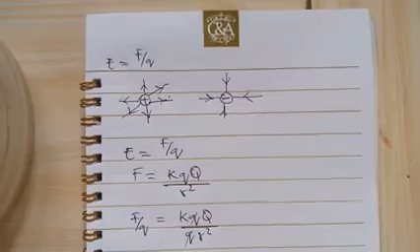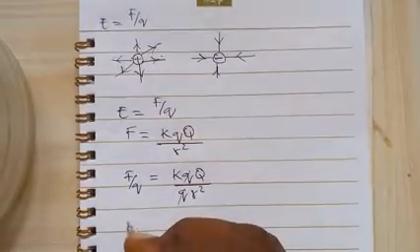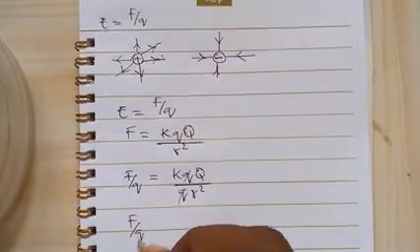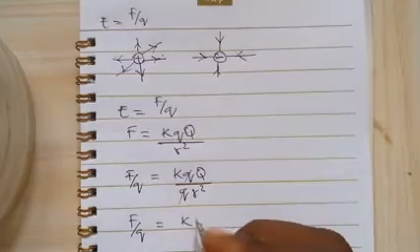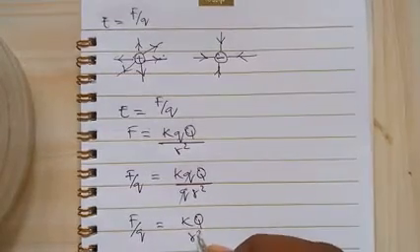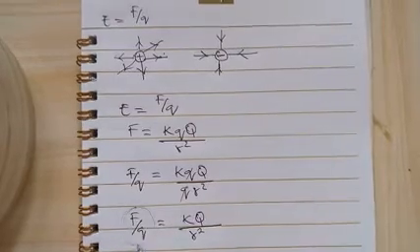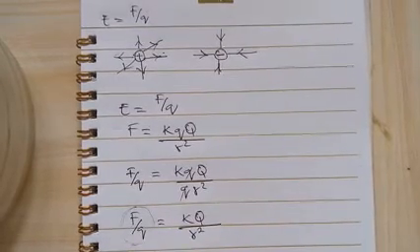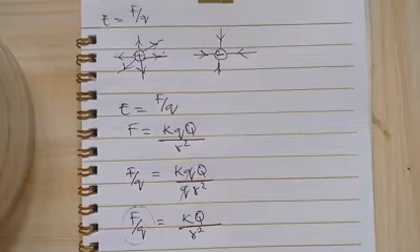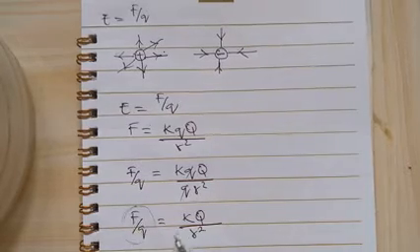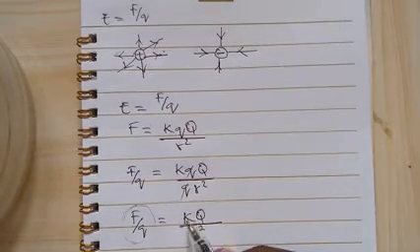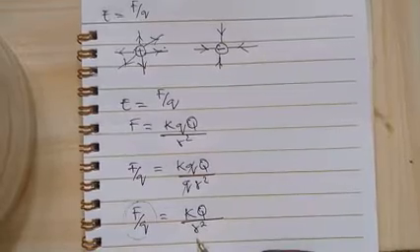This r cancels this r. What will be left is F over q equal to K, Q over r squared. Now, this is electric field, remember. So electric field is written as E equals KQ over r squared.